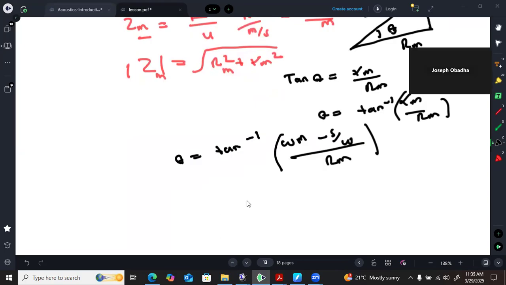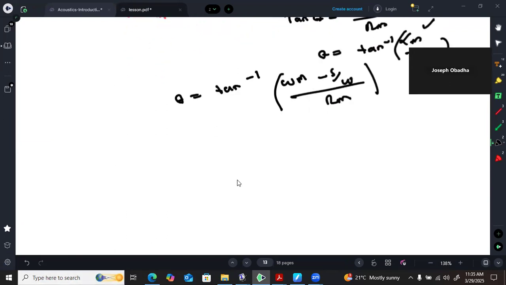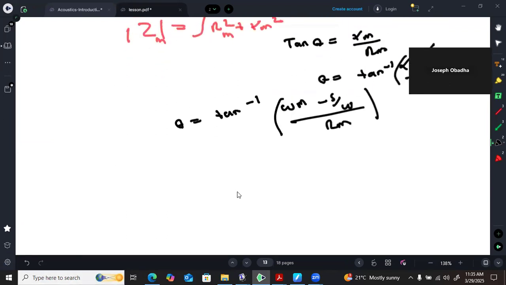We are still able to do many things: if the angle is theta here, I can write Zm as equal to the magnitude of Zm at some angle, e^(j theta).